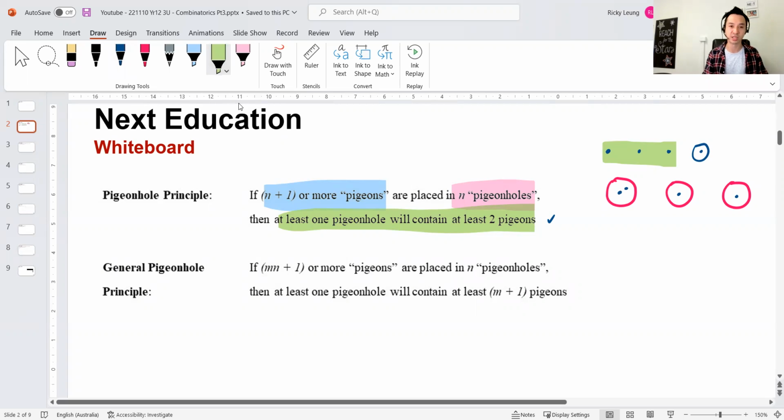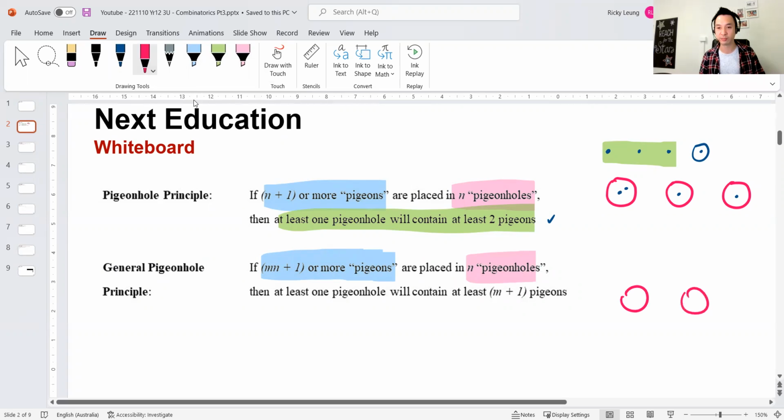Now, what does this generalized form look like? It basically says if I have m times n plus 1 pigeons to be placed in n pigeonholes. Now, the way it works here is if I have 3 pigeonholes, this works on a general principle where what if I had multiple layers of the pigeonhole plus 1?